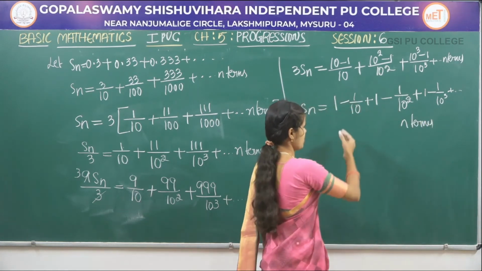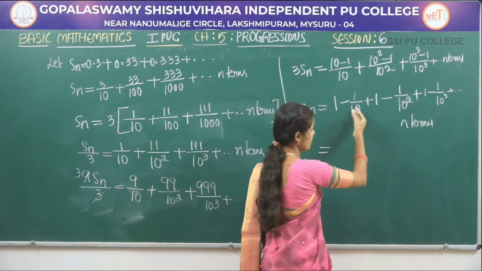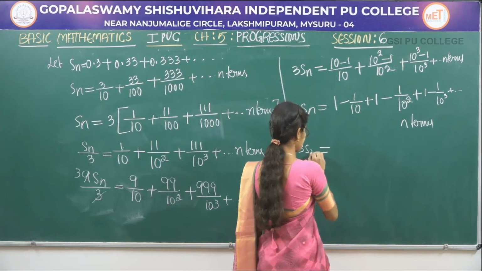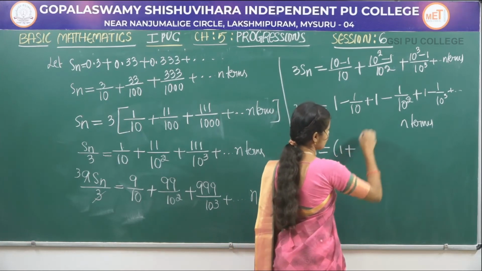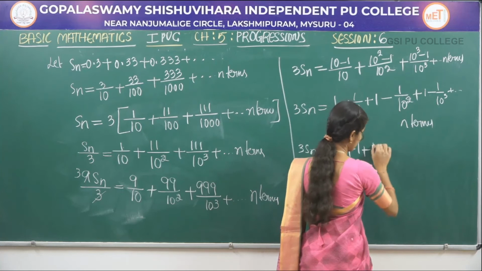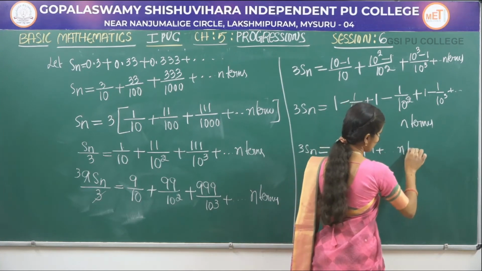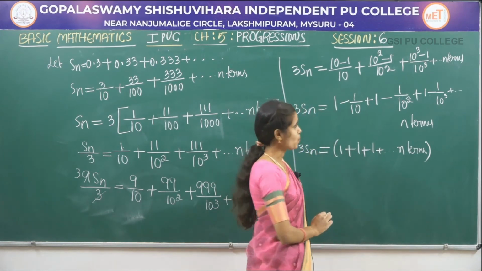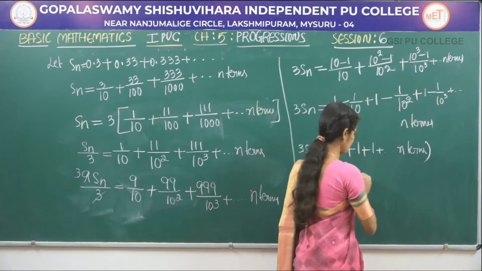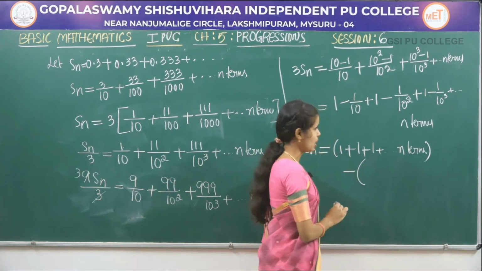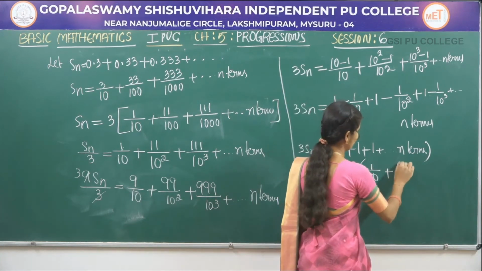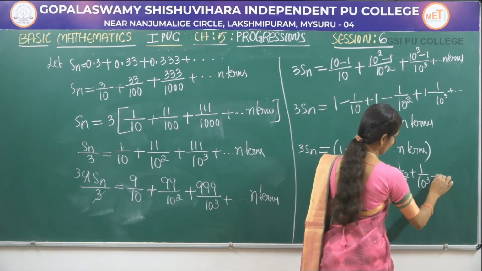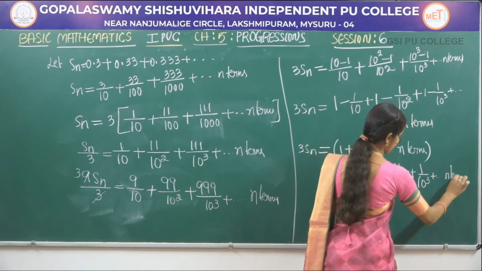Now separate the terms containing 10 and 1. So 3Sn is equal to 1 plus 1 plus 1. How many terms are there? n terms. So here minus 1 by 10 minus 1 by 10 square minus 1 by 10 cube. Take out minus as the common factor: 1 by 10, 1 by 10 square plus 1 by 10 cube up to n terms.